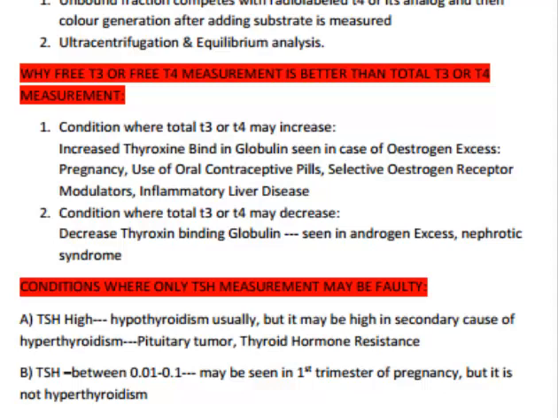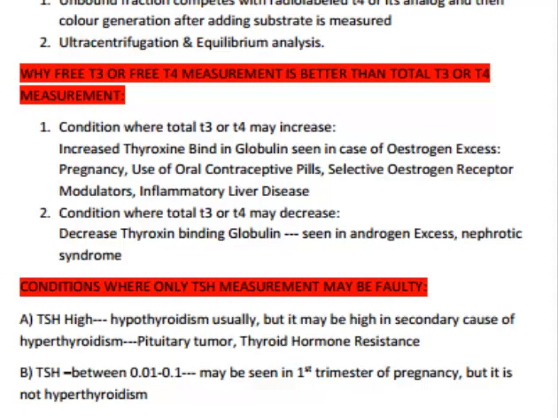And first, what is the difference between unbound and bound or total T3, T4? Unbound means it is free in blood and it is the hormone that is acting in our body, and the bound portion means it is bound with a protein. Here it is bound with thyroid binding globulin.